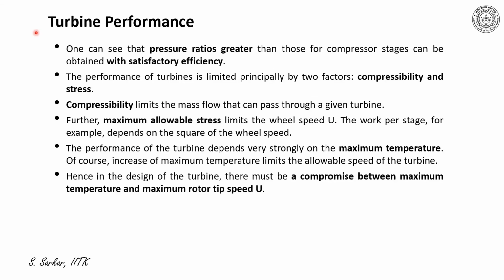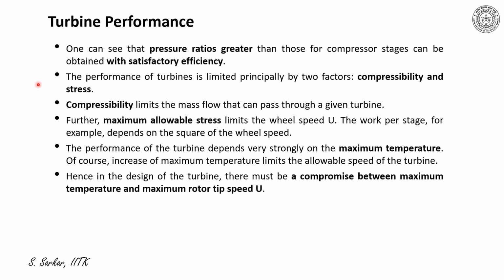Regarding performance of a turbine, it can be noted that the pressure ratio for a turbine is greater than that of a compressor stage, without sacrificing the satisfactory efficiency. The performance of turbines is limited principally by two factors.